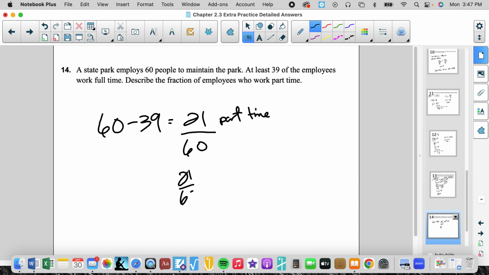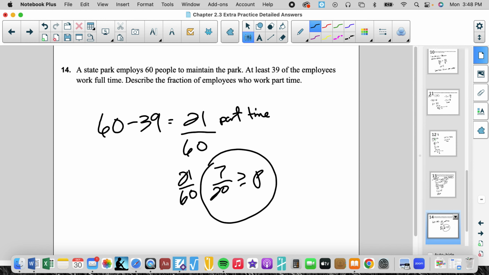21 over 60 can be reduced. I know 3 goes into that. 3 is 7/20ths. So part-time workers are going to be less than or equal to 7/20ths.